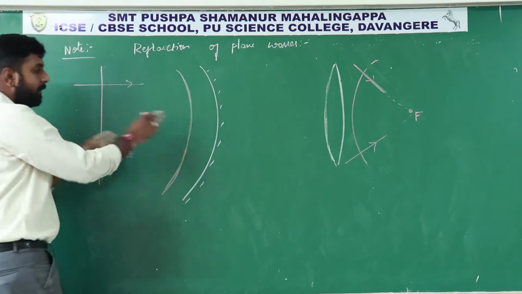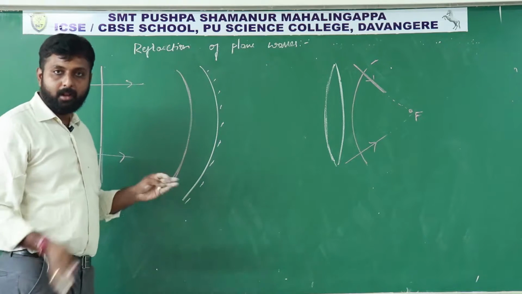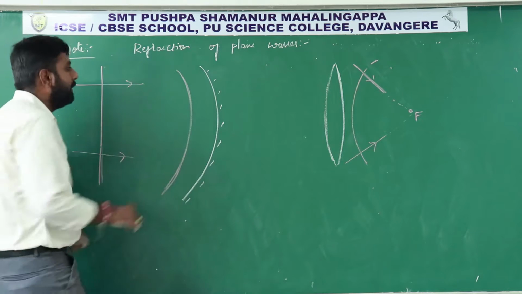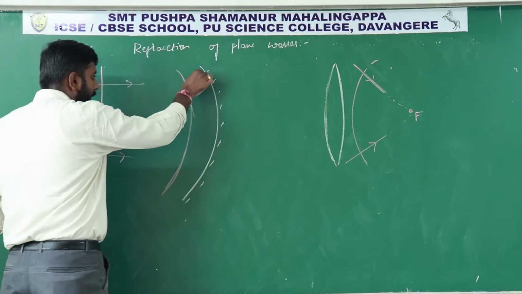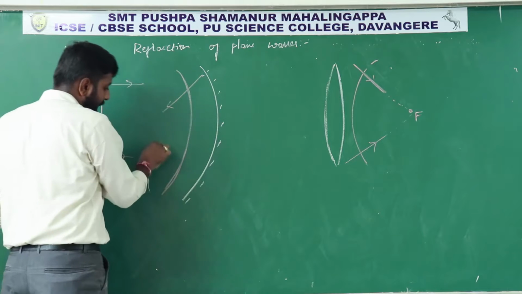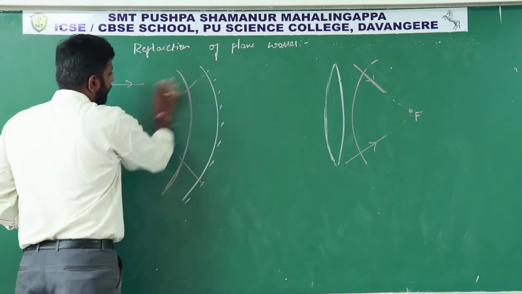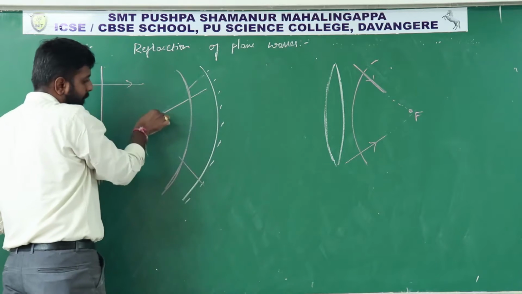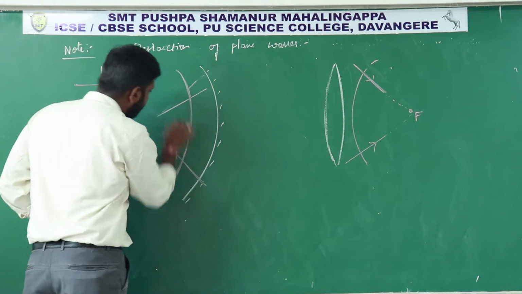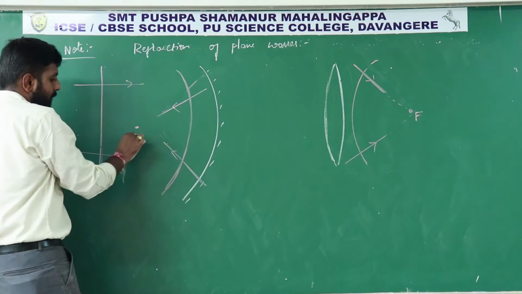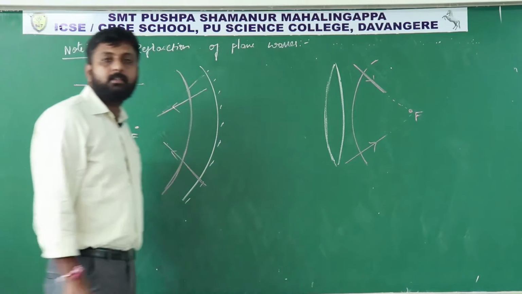A plane wavefront incident on a concave mirror becomes spherical after reflection. Then if you draw a normal line, it appears to converge at some point. That point is the principal focus.